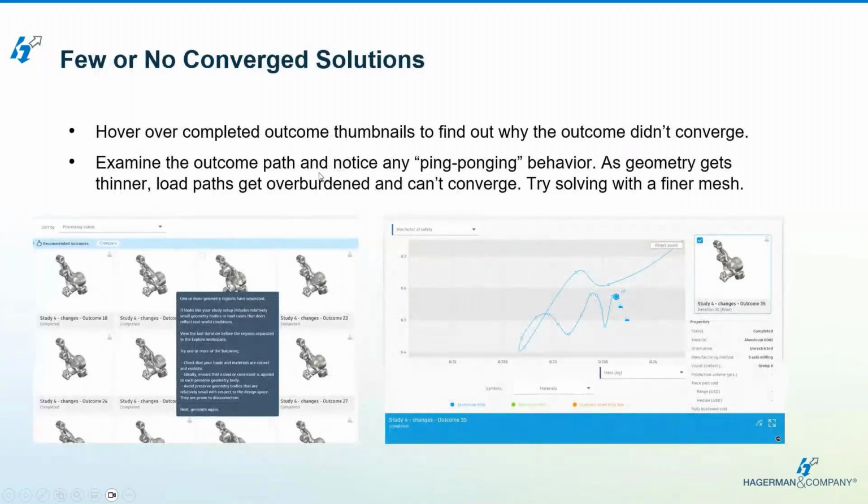And if we have only one or two converged solutions, or we don't have any converged solutions, then you would want to hover over each one that says completed, and it will actually give you information about what it did and why it couldn't converge.